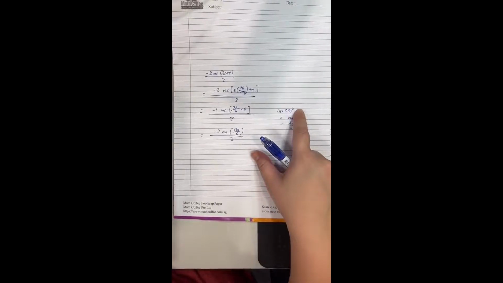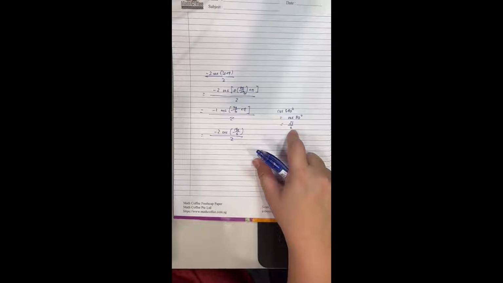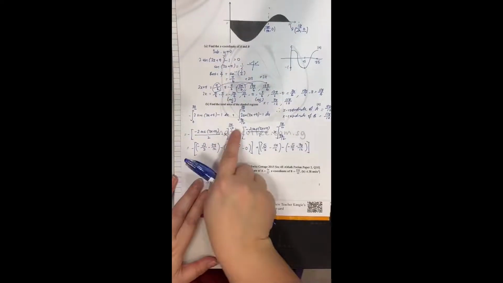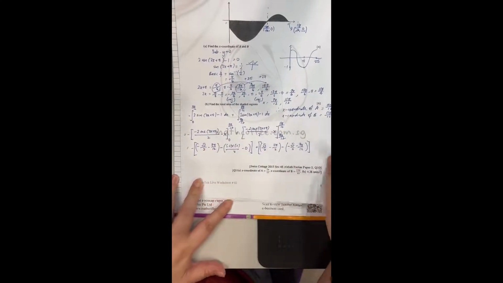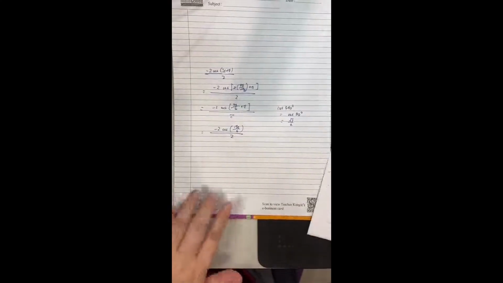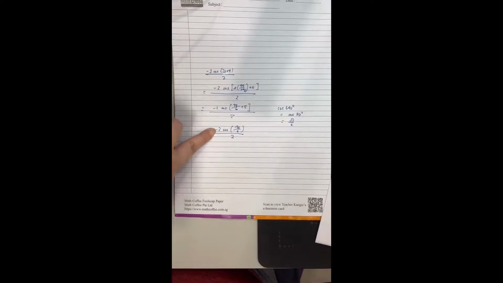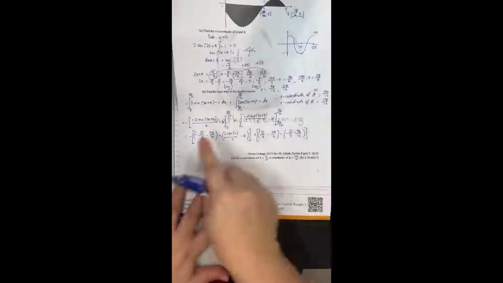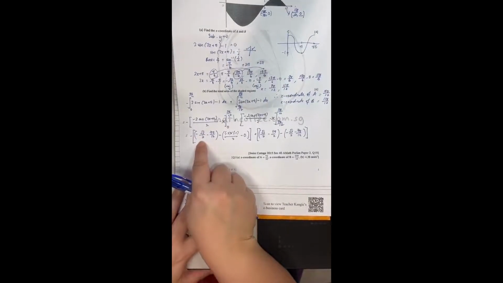And 390 degrees goes to the first quadrant with a basic angle of 30 degrees. And that's why it is square root 3 over 2. So now I hope you know why I get square root 3 over 2. So this part is square root 3 over 2. And with a minus in front, of course I have to put minus. So that's why it's negative square root 3 over 2.